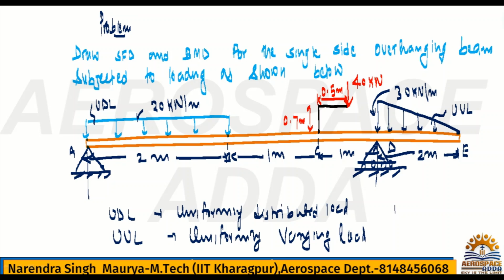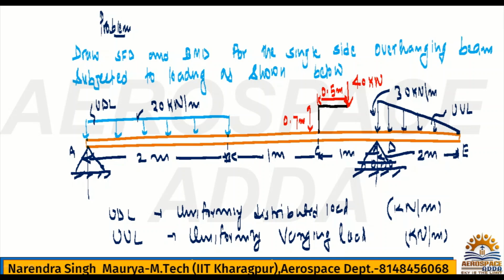Both have the same unit, Newton per meter. The intensity I have shown you is 30 kilonewton per meter for the UVL, and for the UDL it is 20 kilonewton per meter.